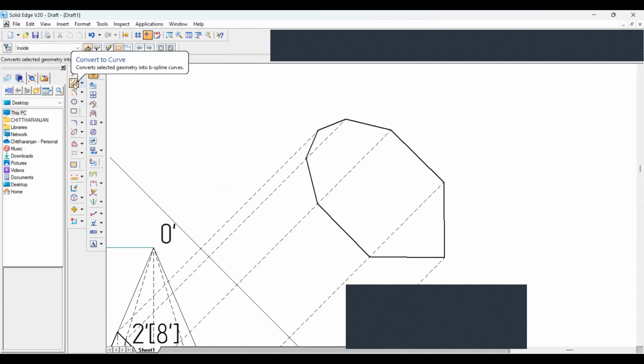So go to convert to curve, select the lines, entire line. Converted. So stick to the lines, make it a slight curve. Now we have to make its curve.